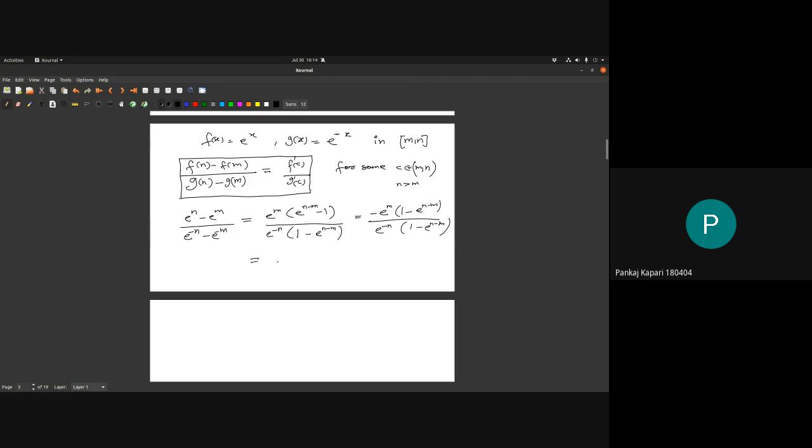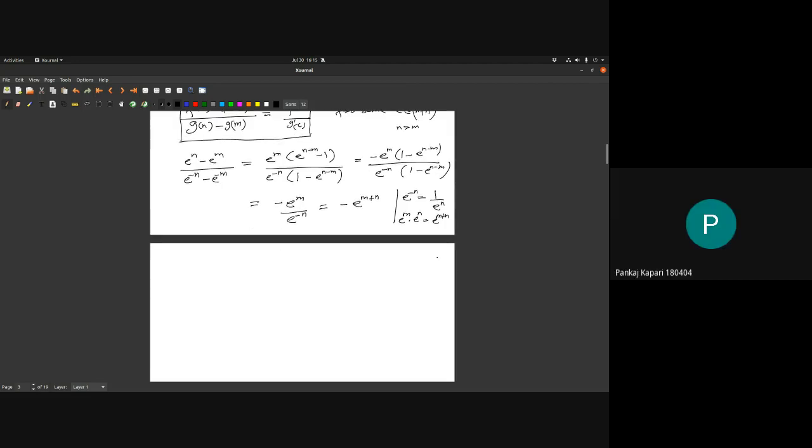So this is equal to minus of e to power m divided by e to power minus n. What is that? This is minus of e to power m plus n. Why? Because e to power minus n is the same as 1 over e to power n, and therefore you will get e to power m times e to power n, which is equal to e to power m plus n. Is this clear up to this point? Yes, sir.